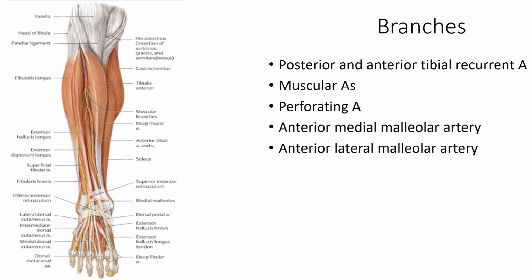In the distal portion, it gives two sets of malleolar branches. One towards the medial malleolus, the anterior medial malleolar artery, passes beneath extensor hallucis longus and tibialis anterior and contributes to the anastomosis around the medial malleolus. The second is the anterior lateral malleolar artery, which passes beneath the tendon of extensor digitorum longus and contributes to the anastomosis.